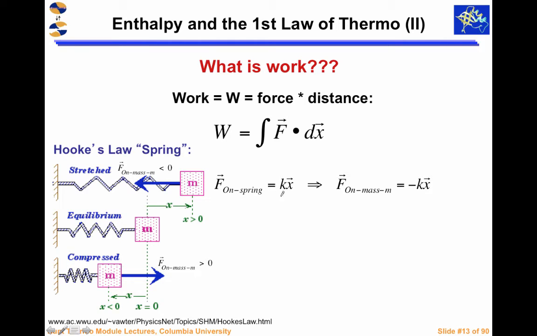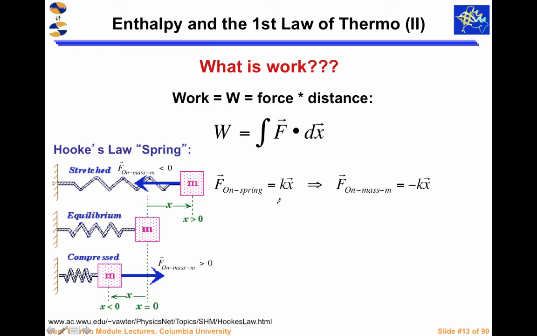The critical point here of this so-called Hooke's law spring is that there is a linear relationship between force and extension. A spring characterized by this kind of first power linear relationship, so that the force is linearly proportional to the extension of the spring and related by a force constant k, is called a Hooke's law spring.